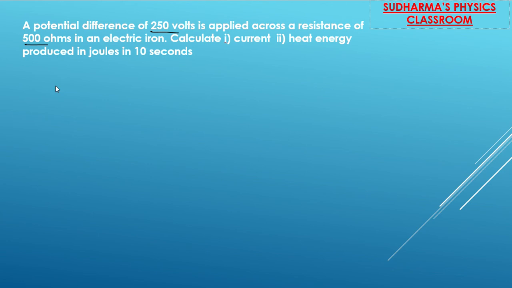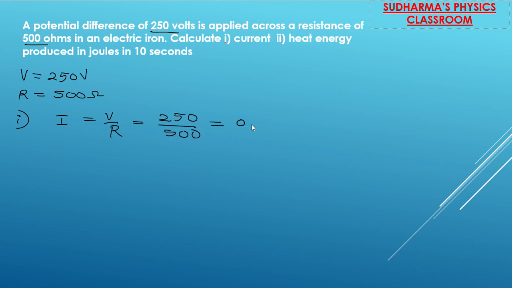V is equal to 250 volt, and resistance R is equal to 500 ohms. So what is to be calculated? Current. What is the formula for current? I is equal to V divided by R. So V is 250 and R is 500. So this is 1 by 2 or 0.5 amperes. Very easy.